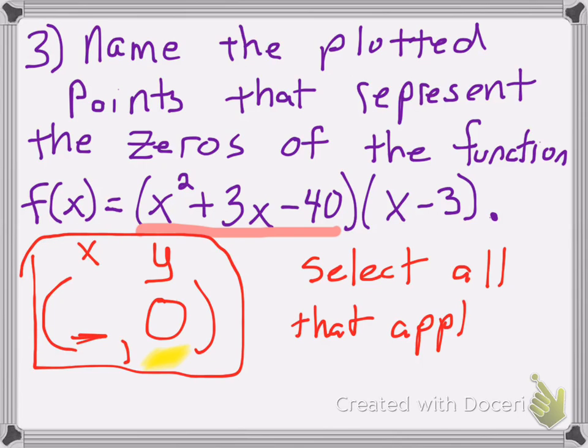You need to make sure you select all that apply. You're picking the ones where the y coordinate is 0. I'm going to give you a hint here. That's one hint. Select all that apply. That's the type of question you're going to see.